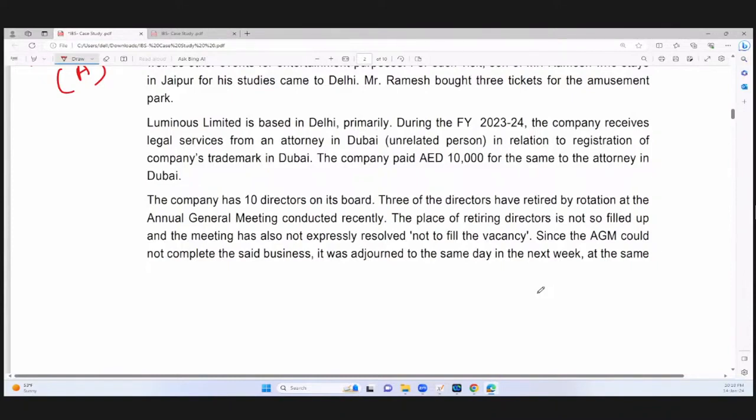I also told you previously in the MCQ, the general meeting किसके लिए होती है? For shareholders. So at every annual general meeting, 2/3 of the total number of directors shall be liable to retire by rotation. Okay.